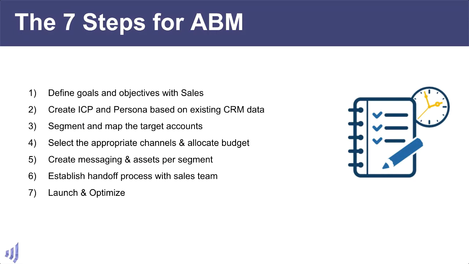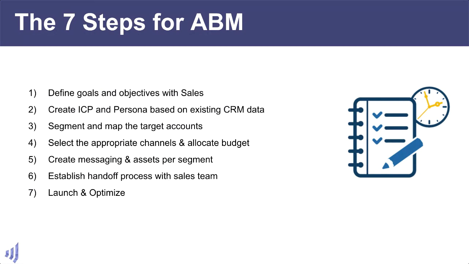So what are we going to talk about today? I want to describe the 7 steps that we implement every time we want to start an account-based marketing program. I've done it many times, so I'm very familiar with these steps. We're going to talk about how you need to define goals and objectives with sales.